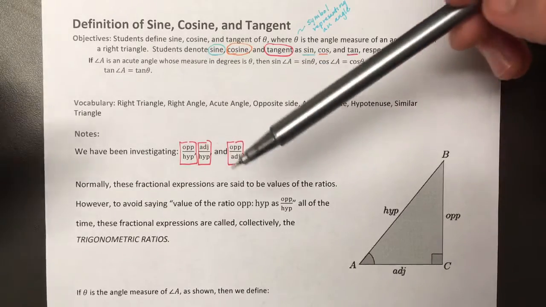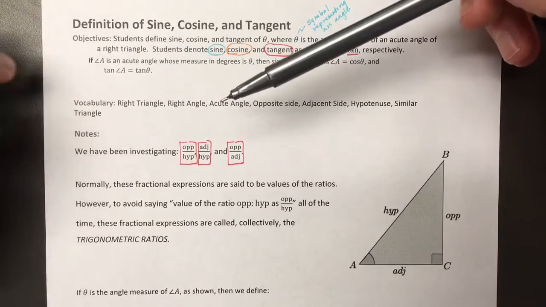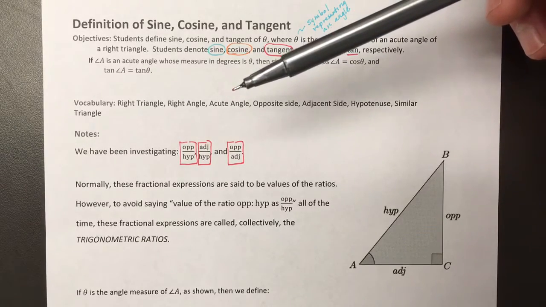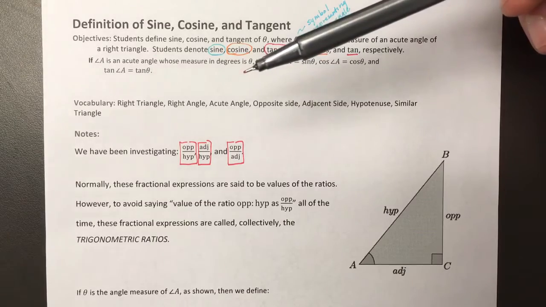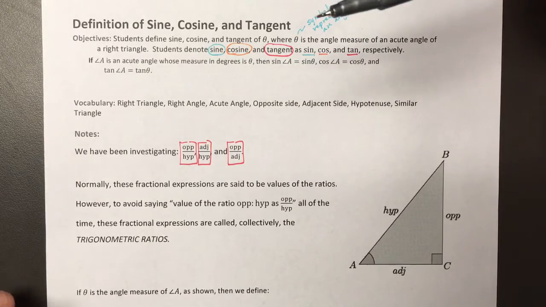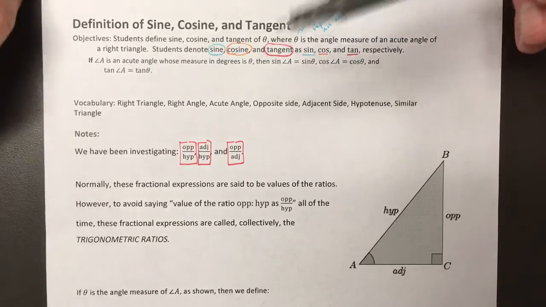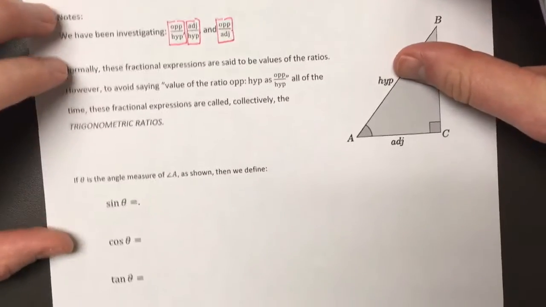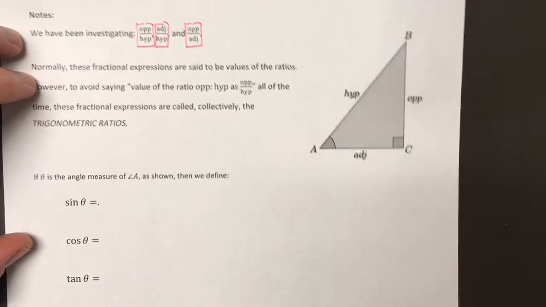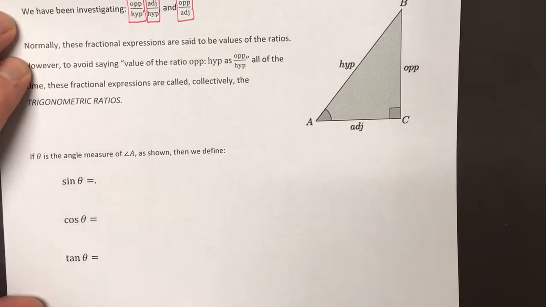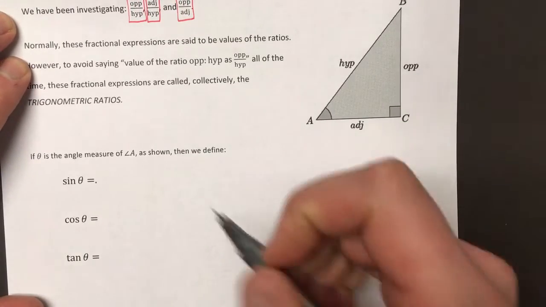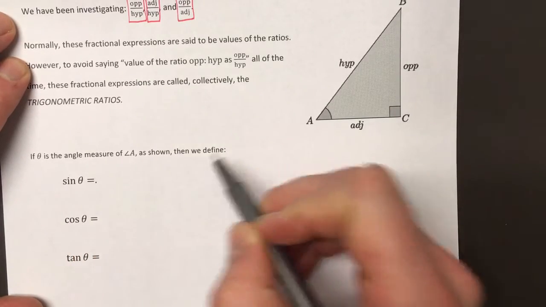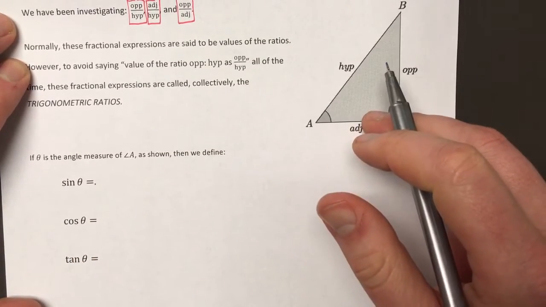However, it gets really redundant if we have to say the value of the ratio of opposite to hypotenuse is, and so we simplify them in terms of sine, cosine, and tangent. If I want to strictly define what the sine is, first we have to have theta as the measure of an angle A, as shown here.